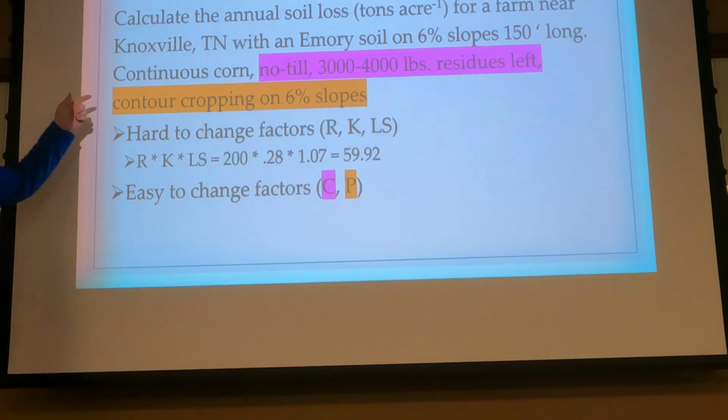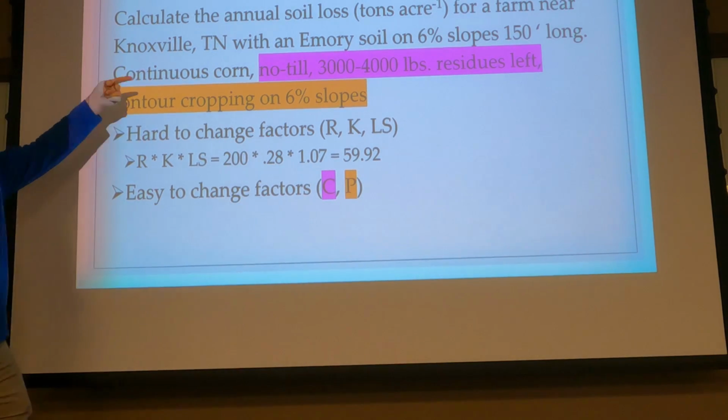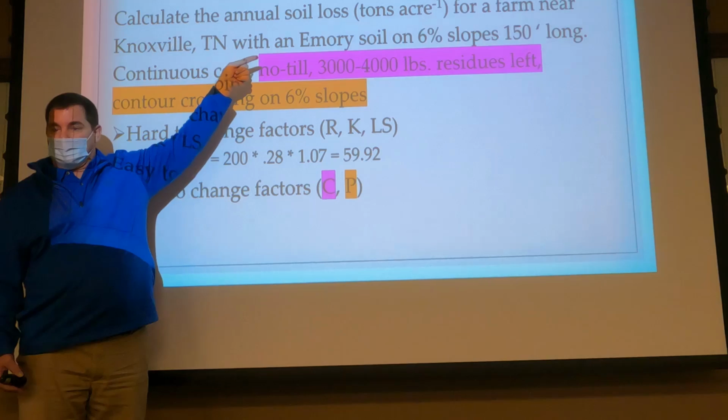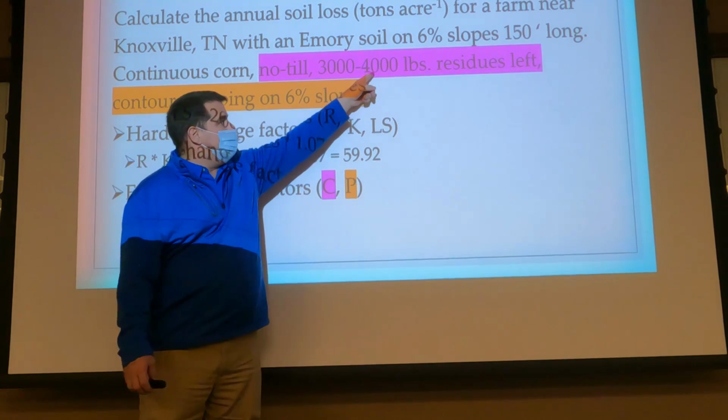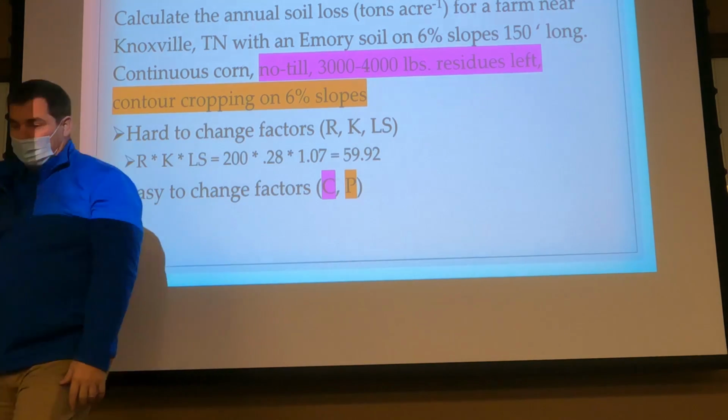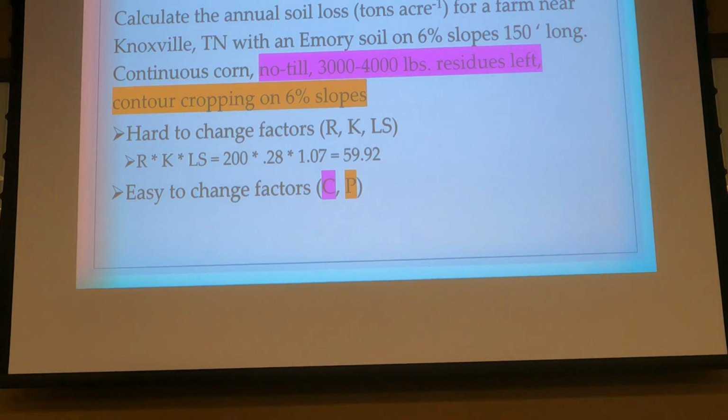But what we can change is, now we're going to change from conventional till to no-till with about 4,000 pounds of residue left, and we'll go all the way back to our cover and management slide and find the value that was in that table. This is on page 7.